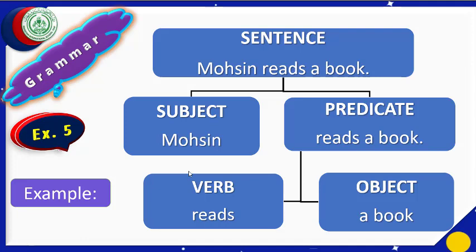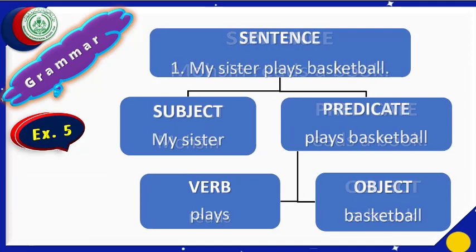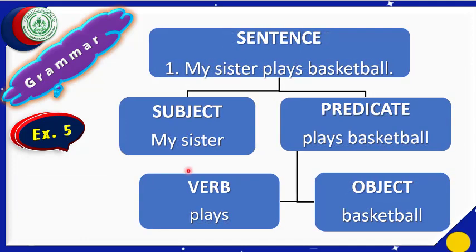Let us look at the first part. Dear students, first part is my sister plays basketball. First of all, we shall break it into subject and predicate. Subject will be my sister.